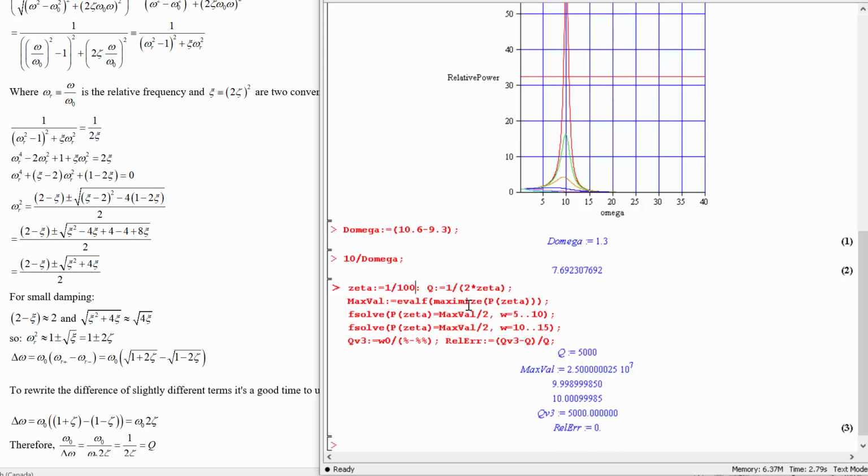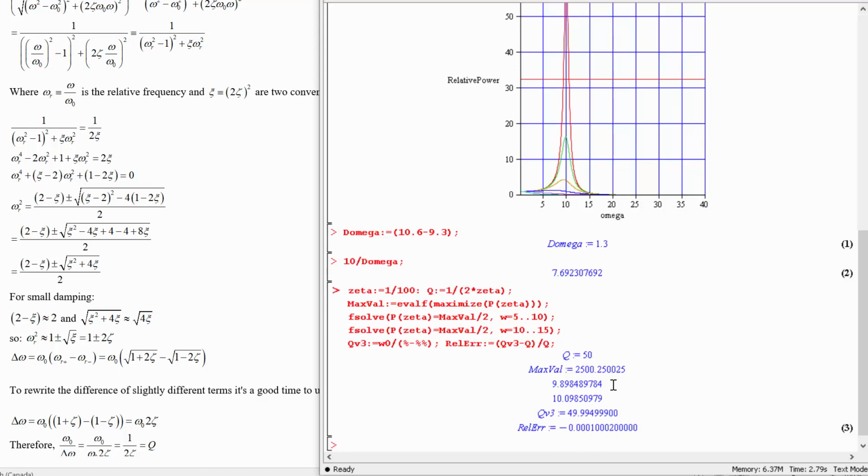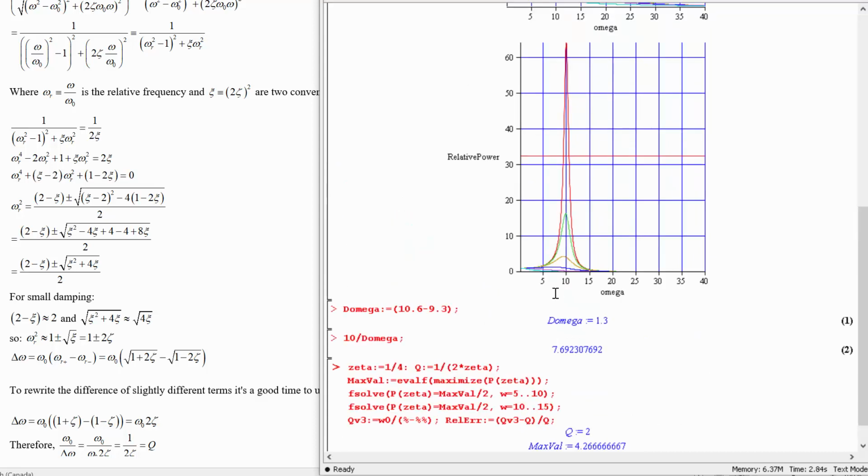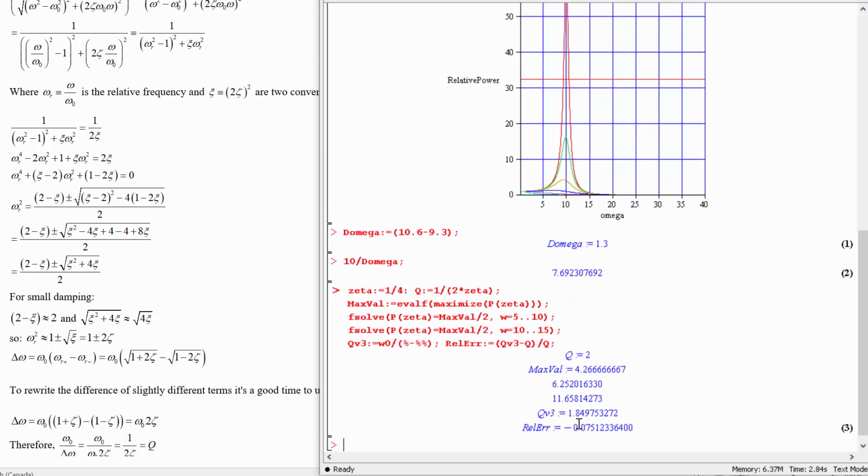Even if your quality factor is only 50, then the relative error is less than 0.01%. But if your quality factor is only 2, then you've got a 7.5% error there.